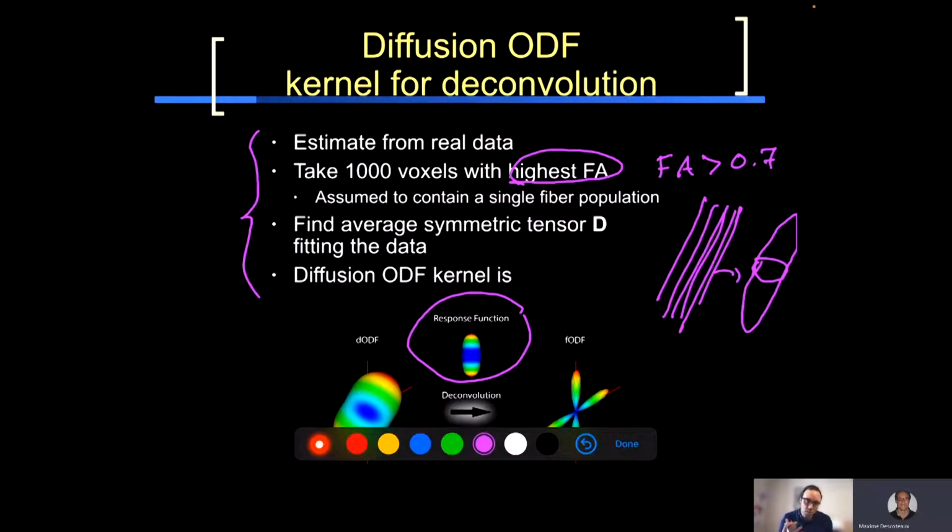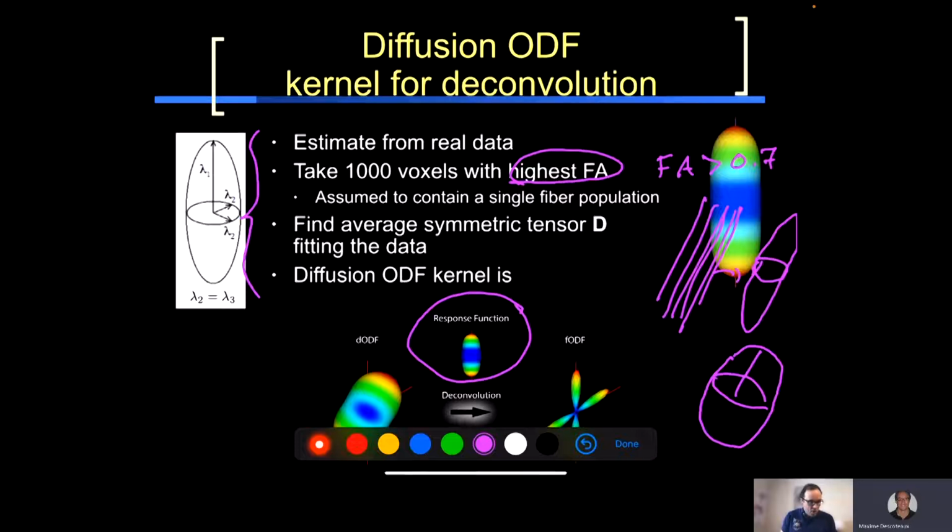So this is what is done when it's data driven. And if we have a population study, we can take the average of the population. So for instance, when I work on Alzheimer's disease or aging, well, it turns out that this response function is a little bit fatter than in healthy 25-year-olds. So this is something to consider and to think about.